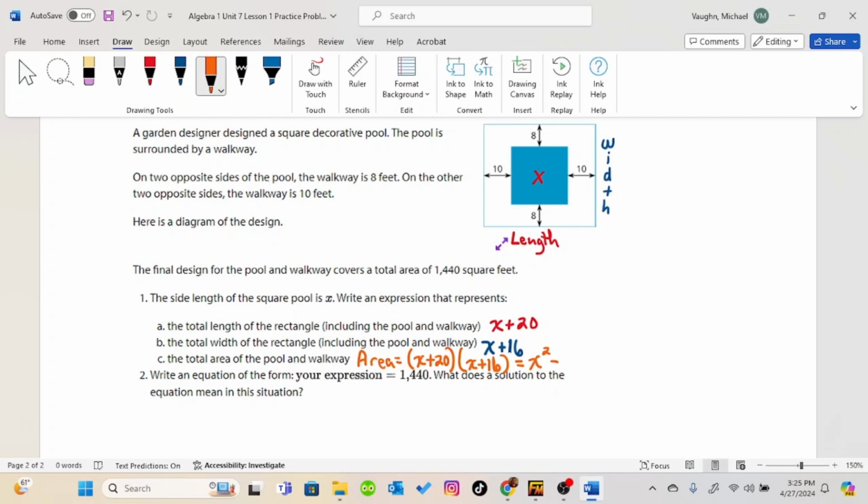X times 16 is 16x. 20 times x is 20x. And 20 times 16 is 320. We combine the x terms. 16x plus 20x is 36x. So the total area is x squared plus 36x plus 320.